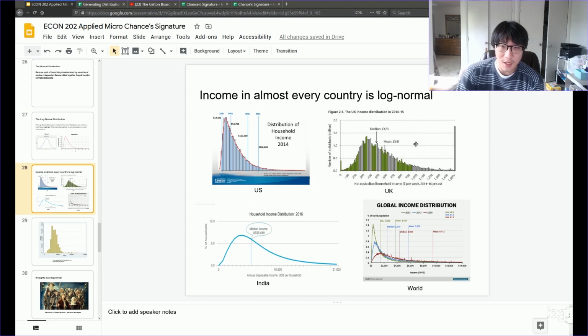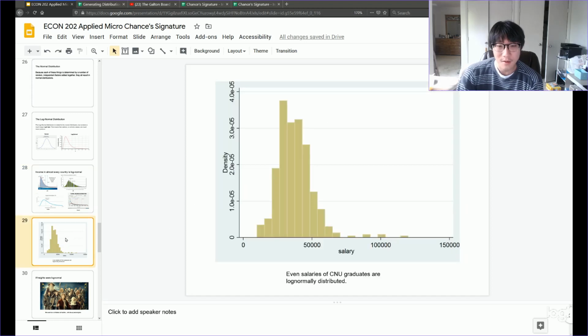Here's the same data for the UK. Here's the income distribution in India. And then here's the global income distribution. All of these distributions are log normal. Even the salaries of CNU graduates are roughly distributed according to a log normal distribution.